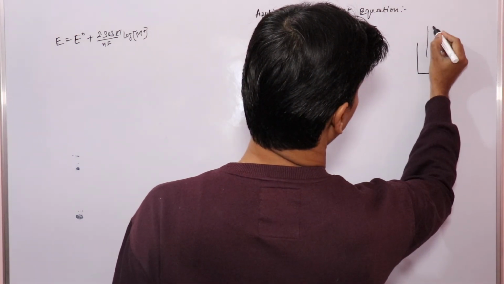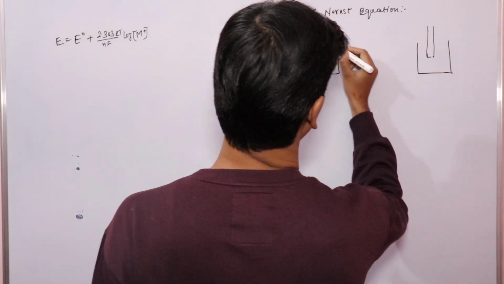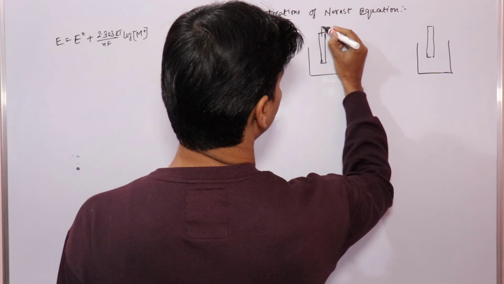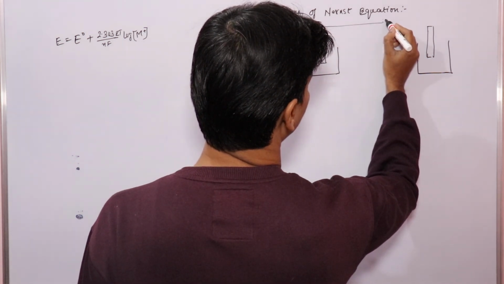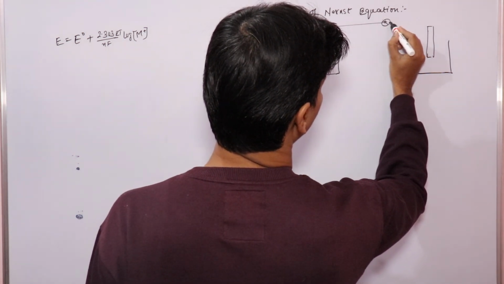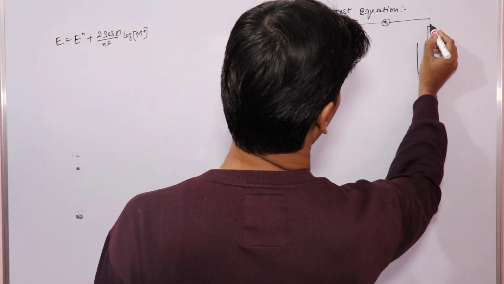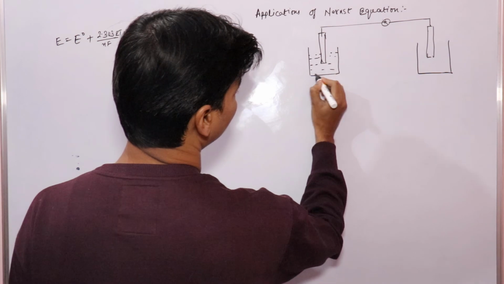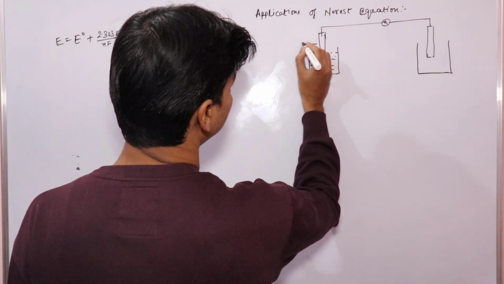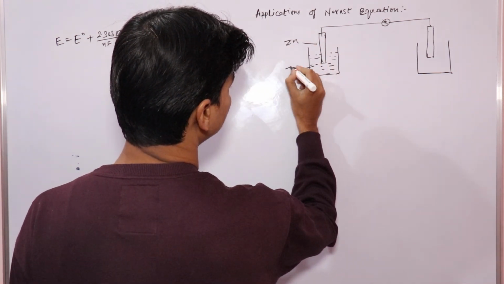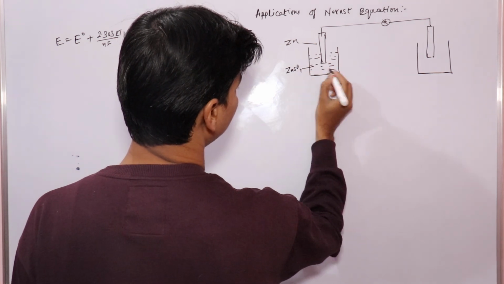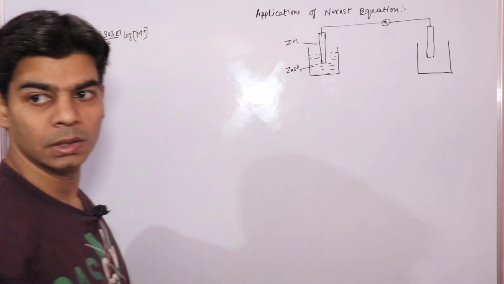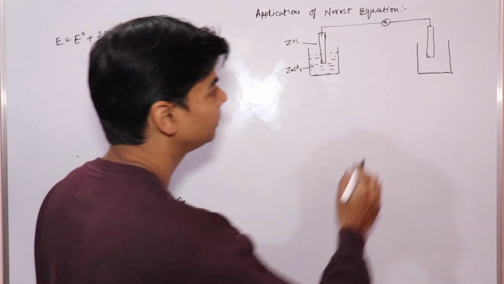This is your copper electrode, connected via copper wire. You have electrolyte in both the half cells. This is zinc sulfate, which contains zinc ions. So the zinc rod is in contact with its own ions.